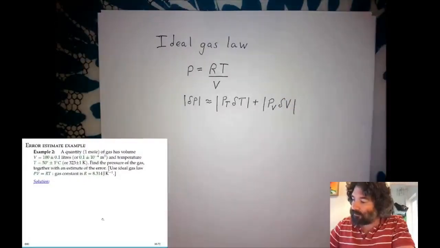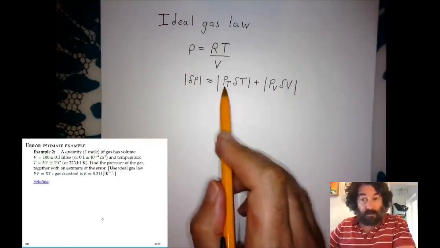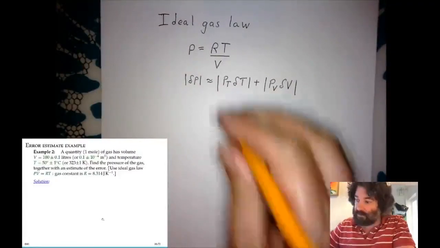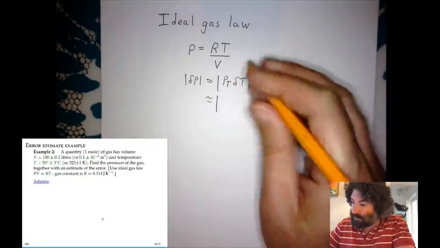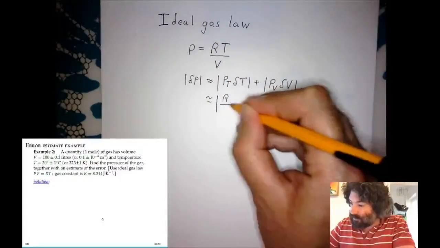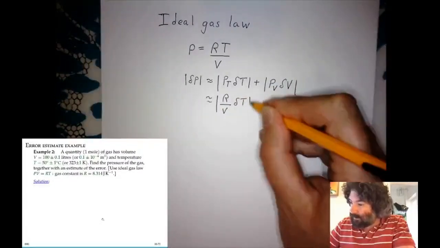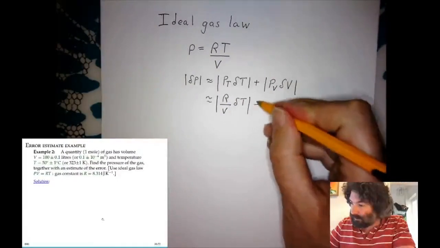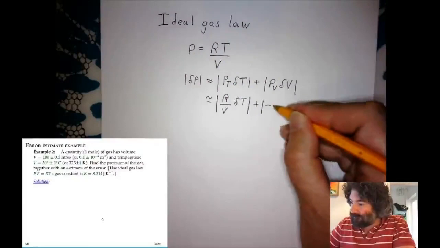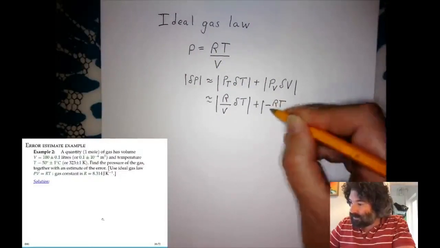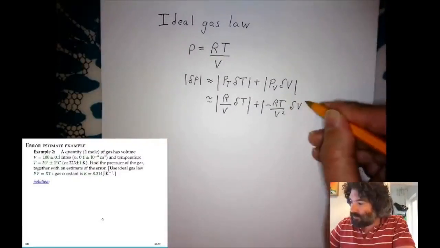of the volume. And so then we can take these two partial derivatives, the derivative of P with respect to T and the derivative of P with respect to V. The derivative of P with respect to T is the constant R divided by V, times the error in T, plus the derivative of P with respect to V, which is negative R T over V squared, times the error in the volume.